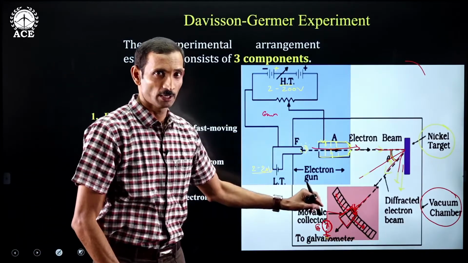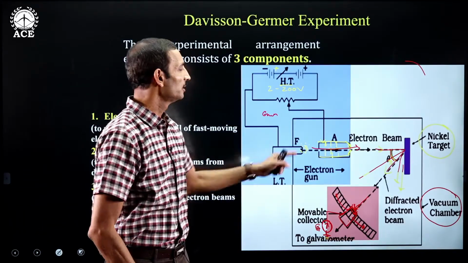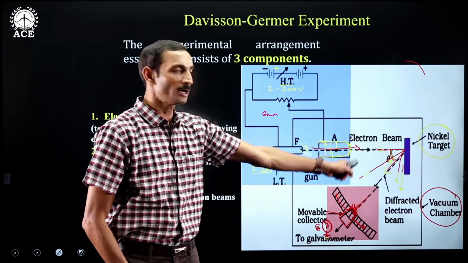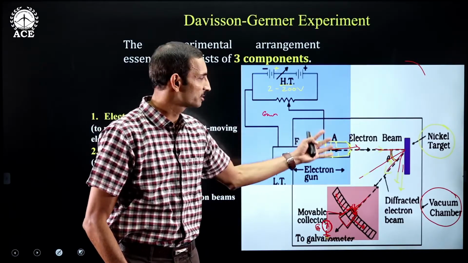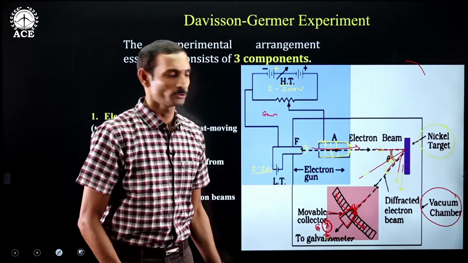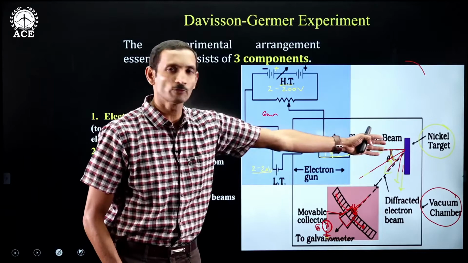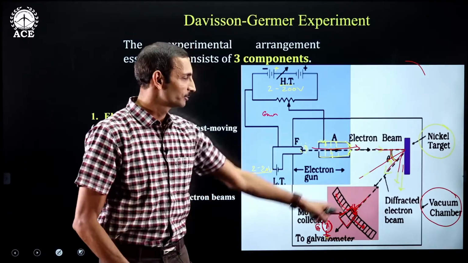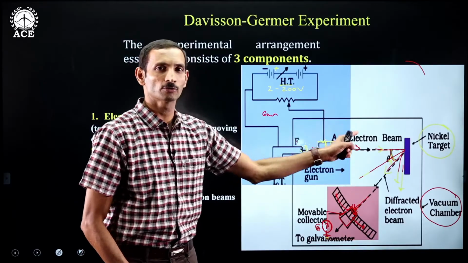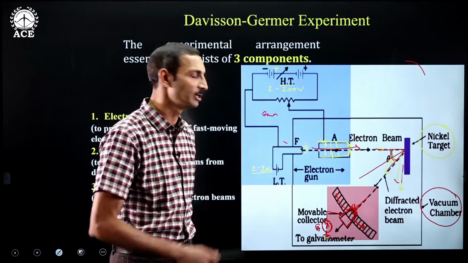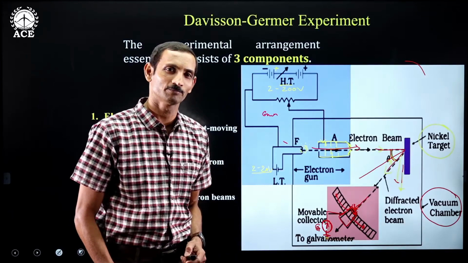If they were present, the electrons accelerating towards the nickel target may collide with these gaseous molecules in between and lose their energy. Then we would not have fast moving electrons hitting the metal target. So in order to avoid that, it is completely evacuated. There is no other medium present, only electron beams that travel through and fall on the crystal target.